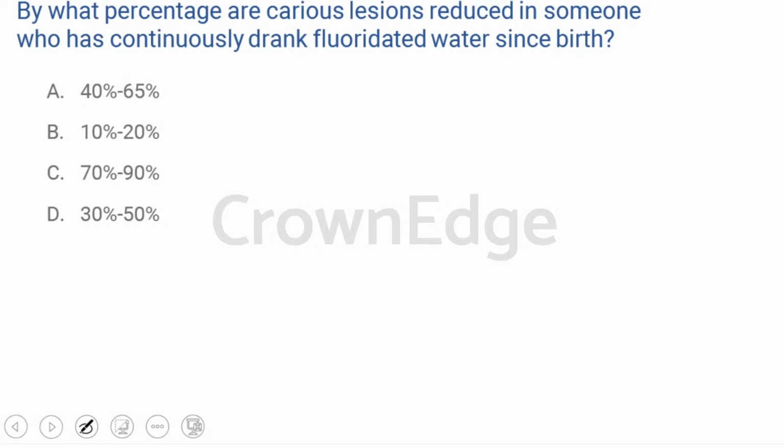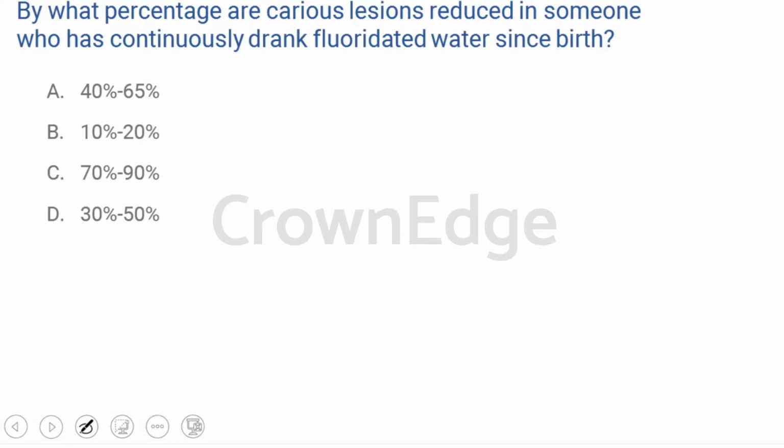Your options are A, 40 to 65%, B, 10 to 20%, C, 70 to 90%, and D, 30 to 50%. Okay, the studies are very variable because there are some factors which each study has taken into account. So how could you actually approach a particular question like this?